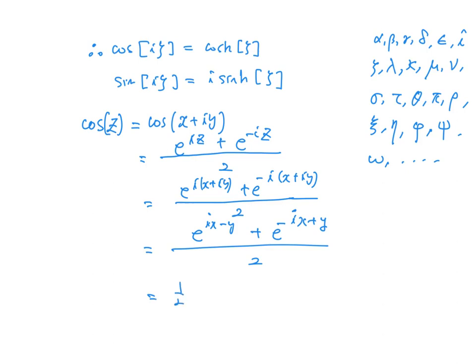So one-half of exponential minus y times cosine x plus i sine x, plus exponential y times cosine x minus i sine x.